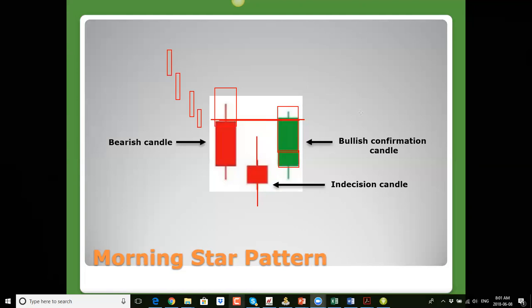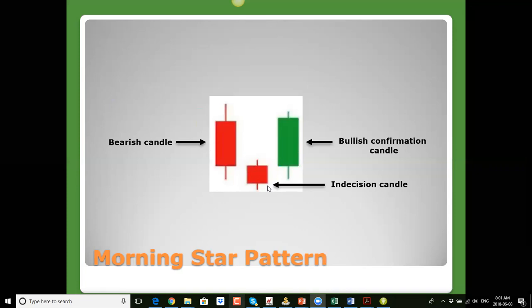It cannot be a small candle, because then that negates it, that's not our morning star pattern. So this is an important thing to keep in mind for both morning star and evening star patterns. The third candle, I like it to either engulf this candle, or it has to be very close in size for it to be a valid pattern. So that's our morning star pattern.